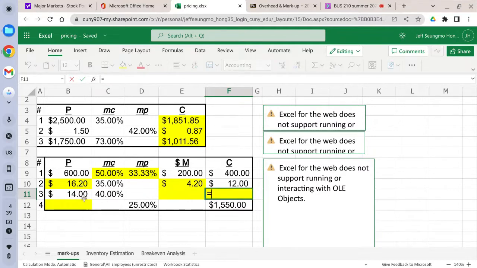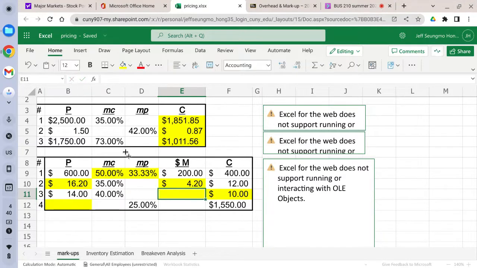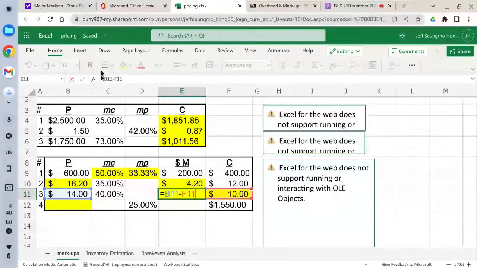Oh, then price over markup rate. And then dollar markup is obvious. It's the difference between the two. So I'll just drag it down because that's the formula there. Okay, it's the difference between the two.